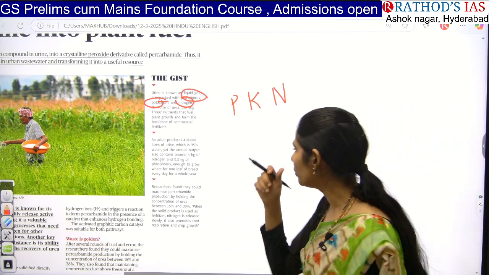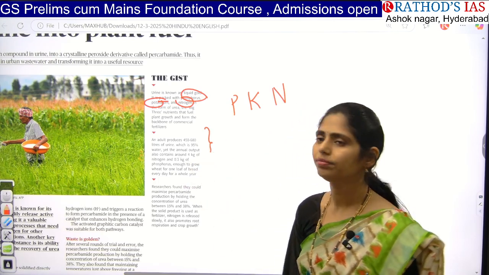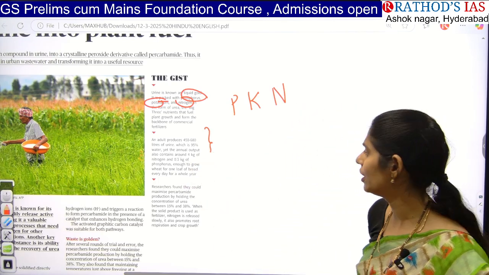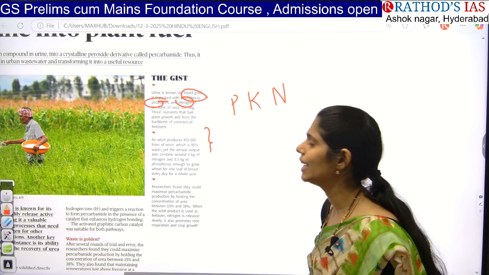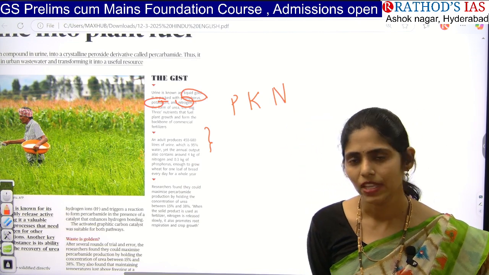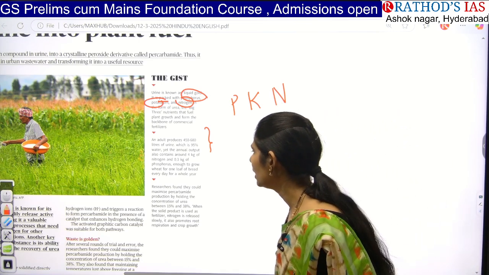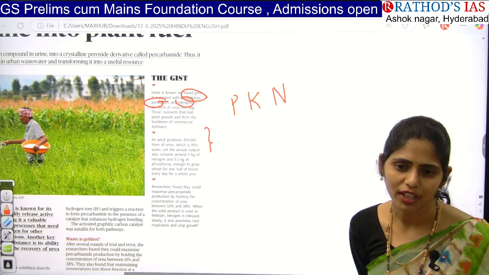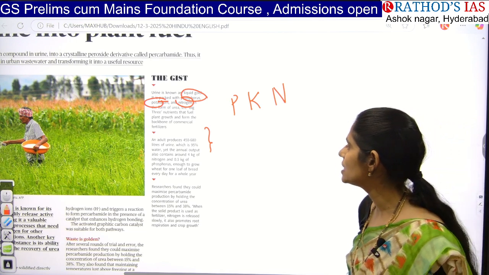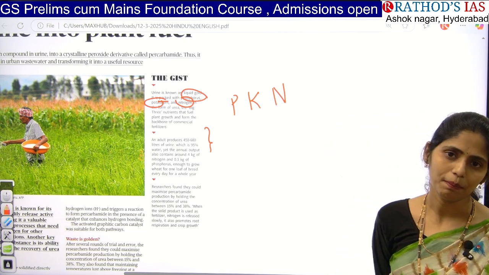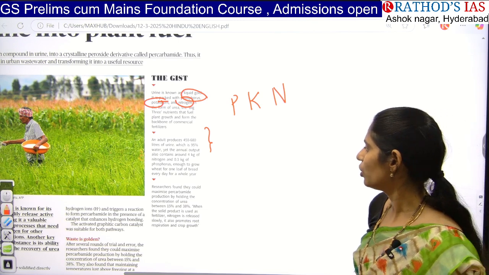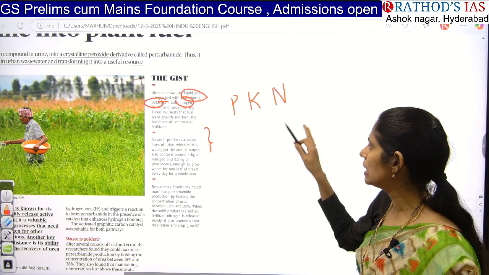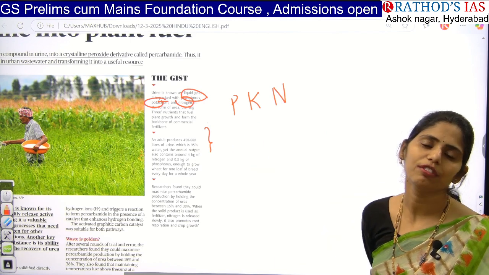Annually, one adult human can release 450 to 680 liters of urine per year. It contains around 95% water, and the other 5% has these NPK components. So actually we are going to extract this NPK from the urine of humans.